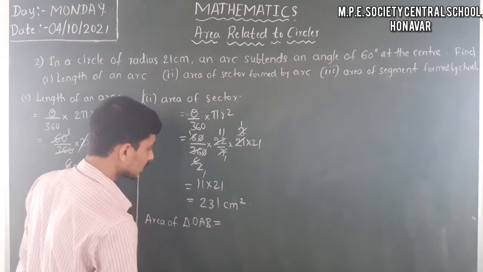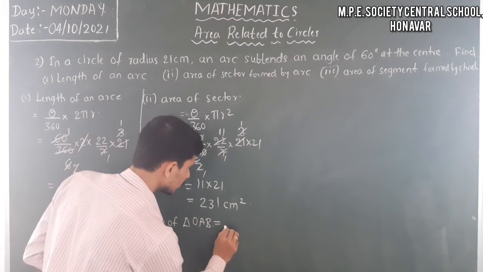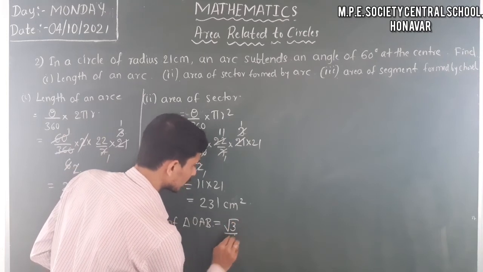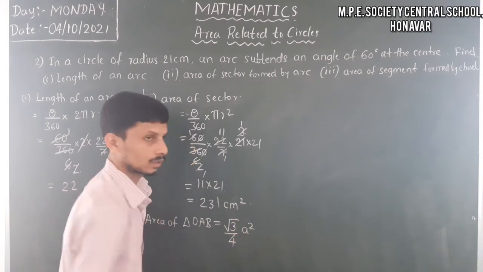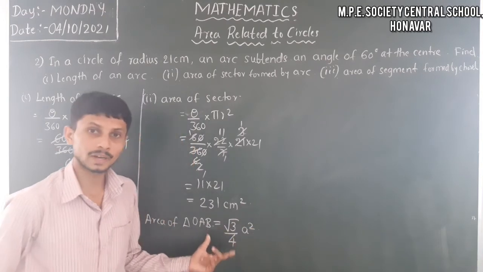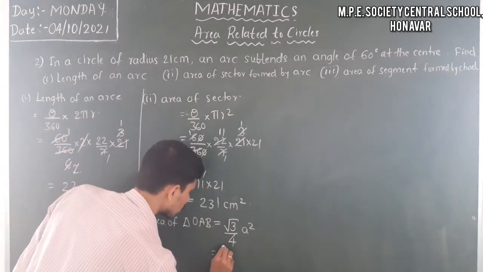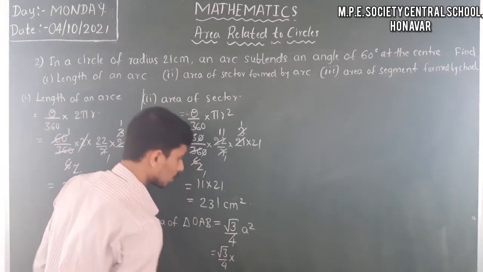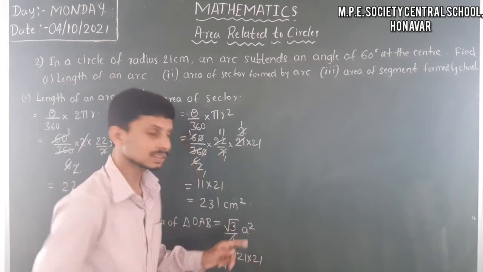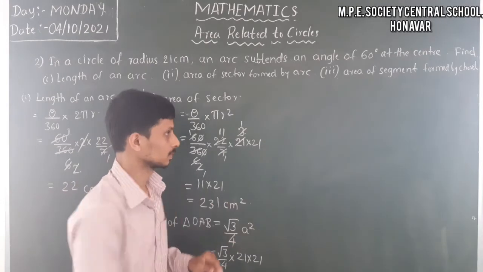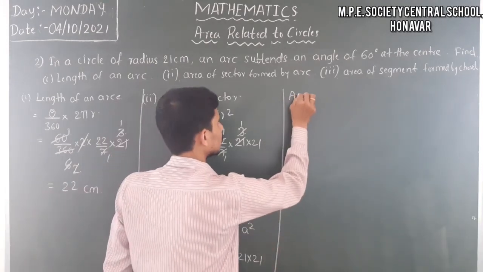Since OAB is an equilateral triangle, the area is root 3 by 4 a square. This is the standard formula for the area of an equilateral triangle. Here the side is the radius, 21, so it is root 3 by 4 into 21 into 21. This is the area of triangle AOB.